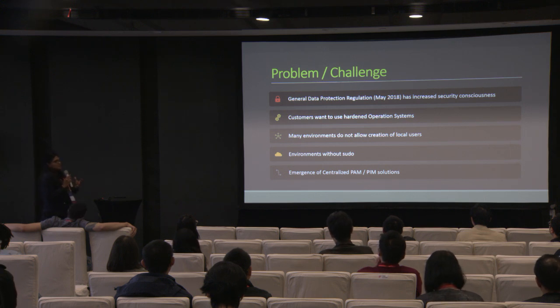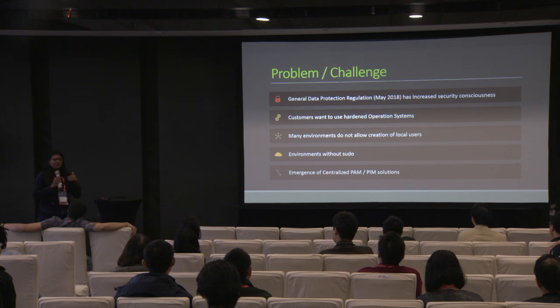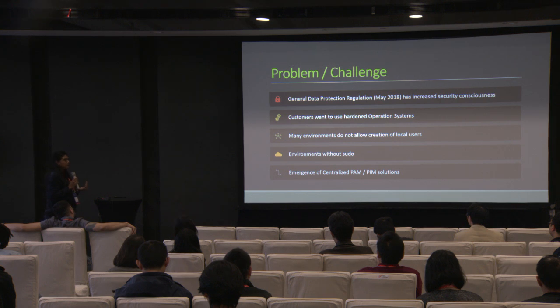So customers, especially banking customers and a lot of other customers, they're very focused on security and they want hardened systems. So a lot of times when we work in the community, we work under the assumption that all the things that we think, for example, local users, local groups, sudo utility, is going to be around, it's available. But that might not be the case in a production environment.